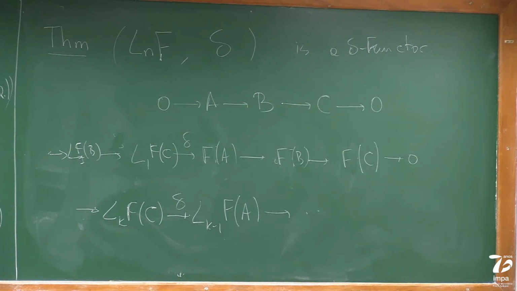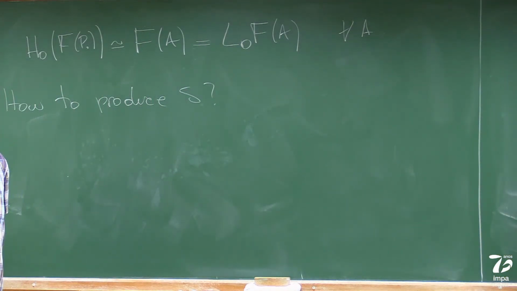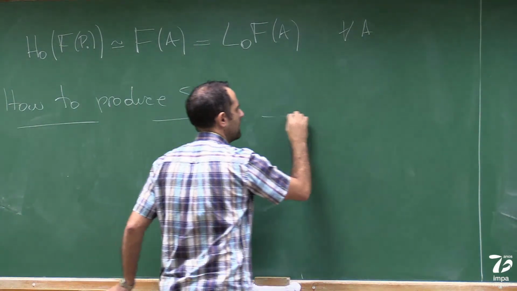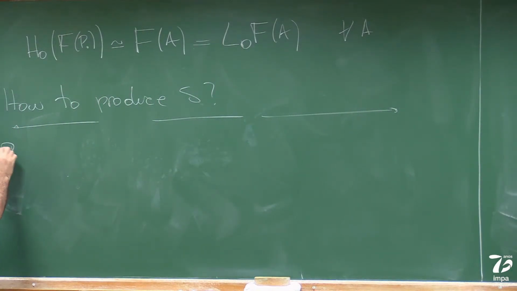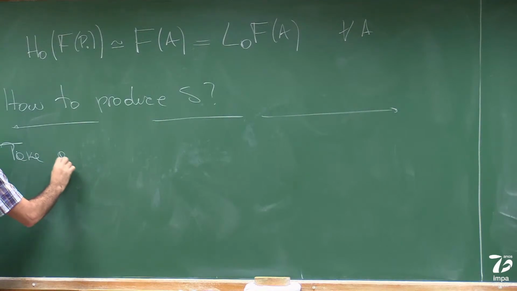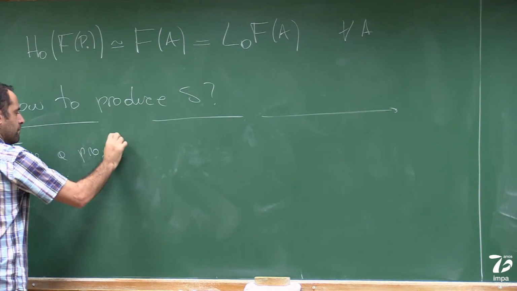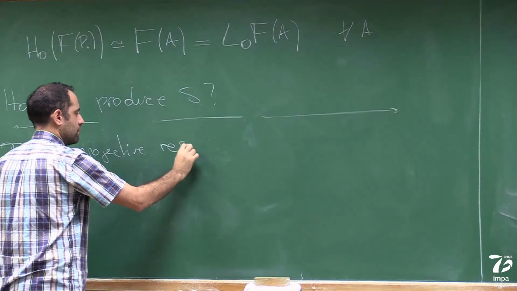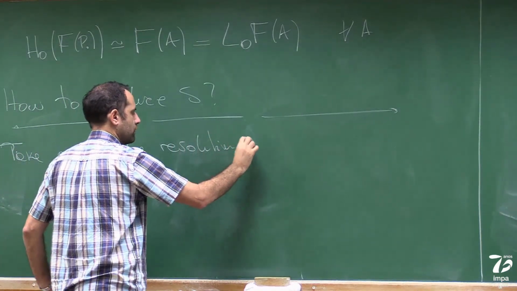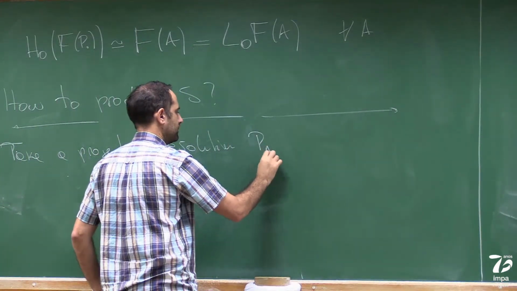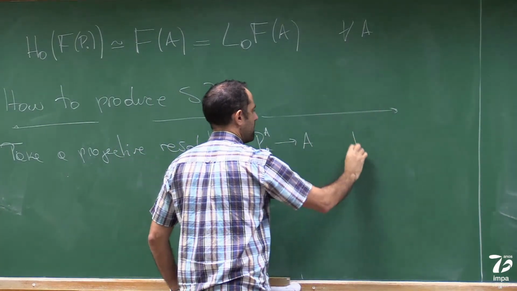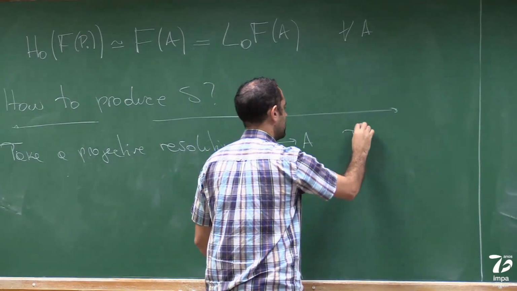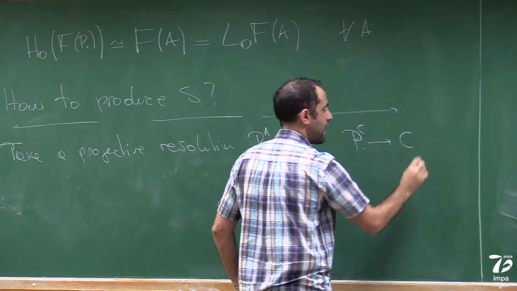Now the trick is that there's a technical point where I don't want to do the diagram chasing again. But let's phrase it as a lemma, and then we may have time in the end to do it. Take a projective resolution P_A of A, and P_B, P_C of C that we have.